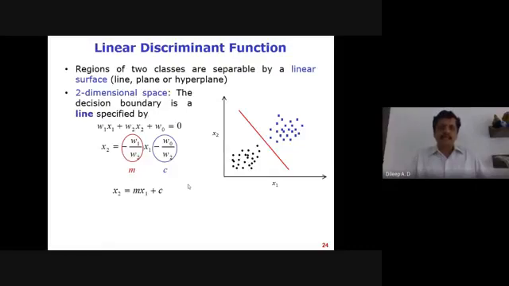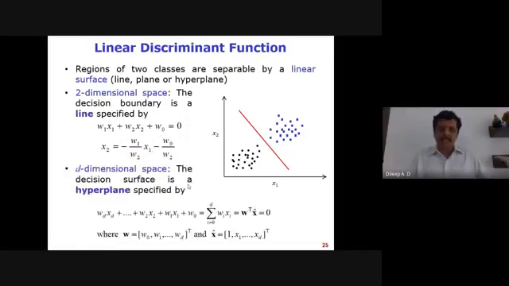In general, for any d-dimensional space, this linear surface is called a hyperplane, and it is represented as this linear function. This is nothing but the summation of wi xi over each of the dimensions. In other words, this expression is also equal to the inner product of your x vector and the w vector. Is that clear?